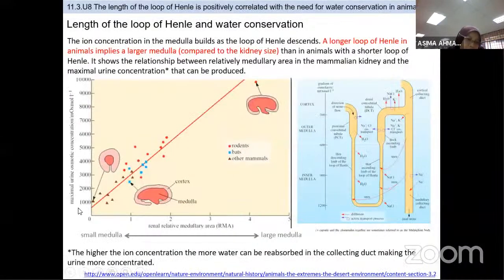The y-axis shows maximal urine osmotic concentration, the osmotic pressure, showing the water level. Okay, so nampak tak, a larger medulla has higher urine osmotic concentration.